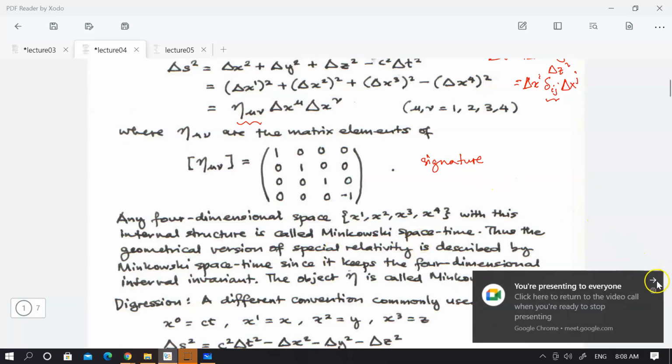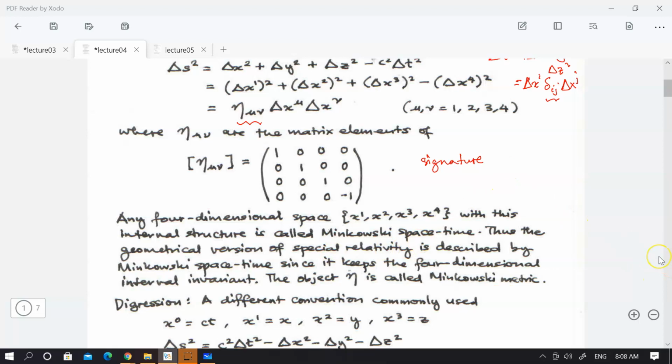The signature usually is defined by the number of plus diagonal elements minus the number of diagonal elements with a minus sign.